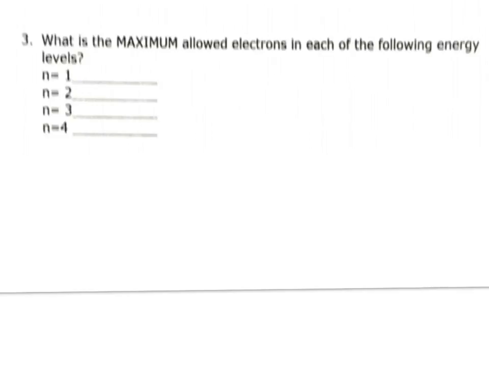What is the maximum allowed electrons in each of the energy levels? Remember, we did the chart in class and we talked about that. When we want to know the number of electrons in an energy level, we do 2n squared. For energy level 1, the maximum amount of electrons it could hold would be 2. For energy level 2, we do 2 squared, which is 4, and 4 times 2 would be 8.